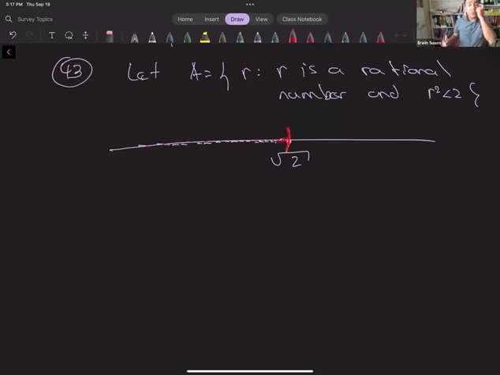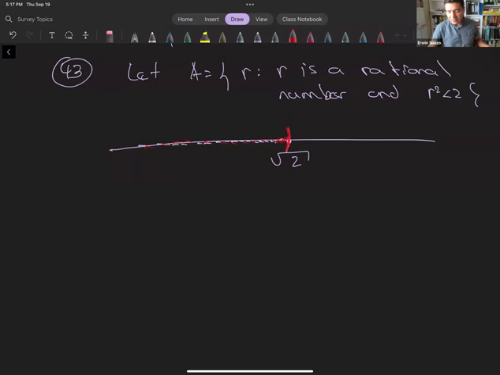But rational numbers are weird, okay? Because between any two real numbers, you can find a rational number. I think that's also an exercise somewhere. So it's not like the rational numbers are a useless set.